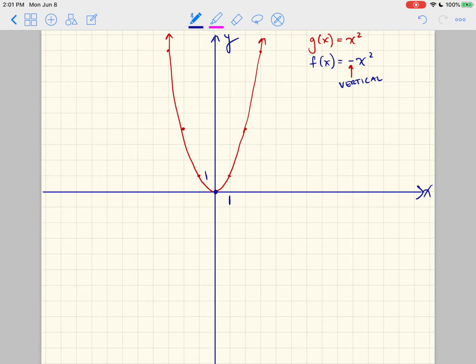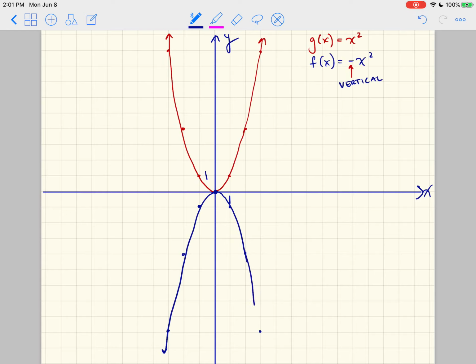So I'm going to continue to stay out 1. So I go down 1, out 1. Down 3, out 1. Down 5, out 1. And this is what the graph of negative x squared looks like.